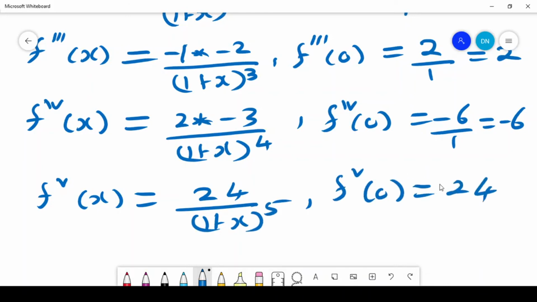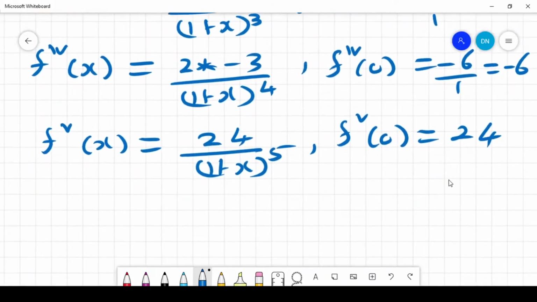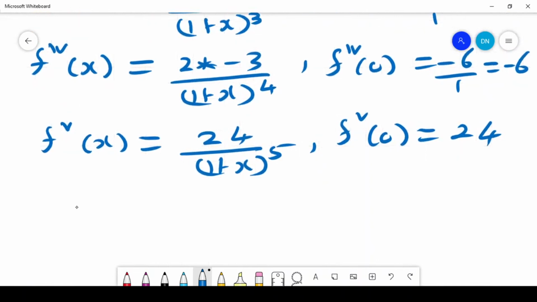So now with all those values we've got, we can write down our Taylor series at a equals 1. So f of a is 0, so I'll leave it out.